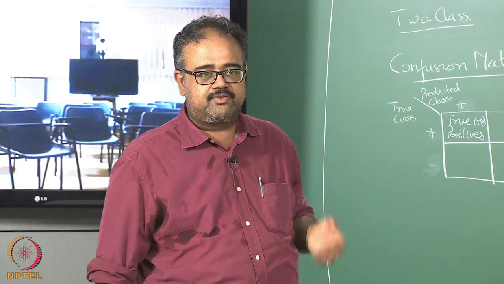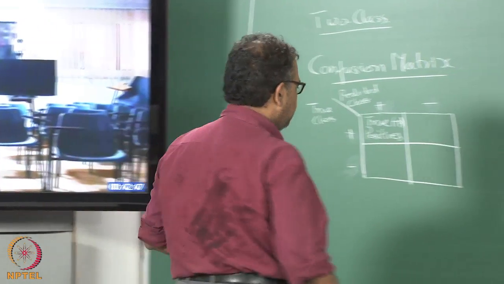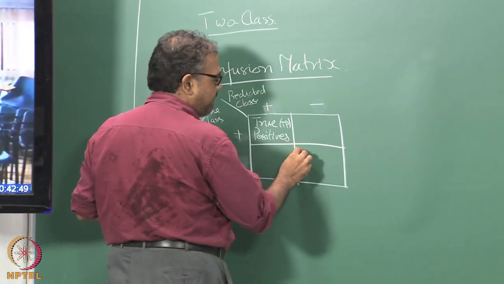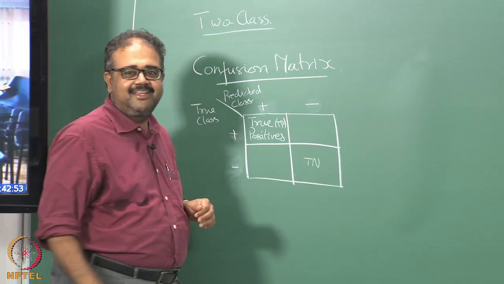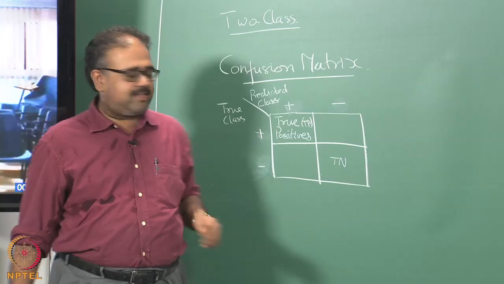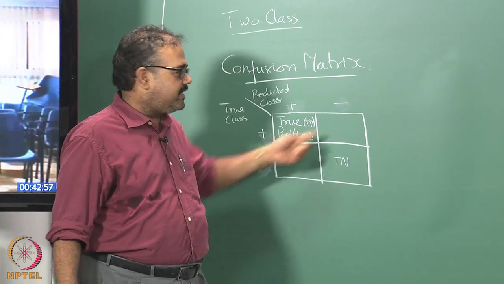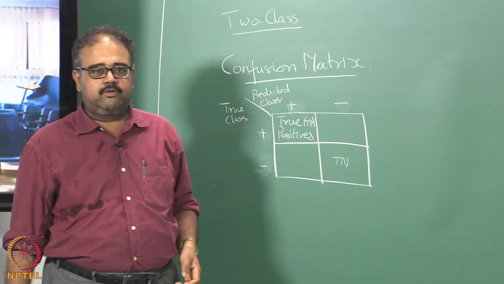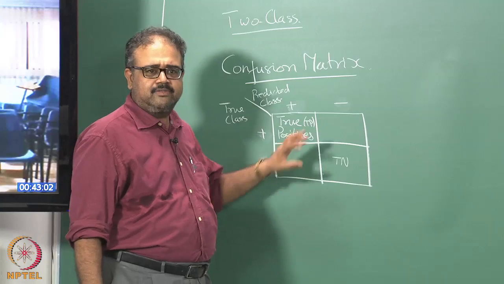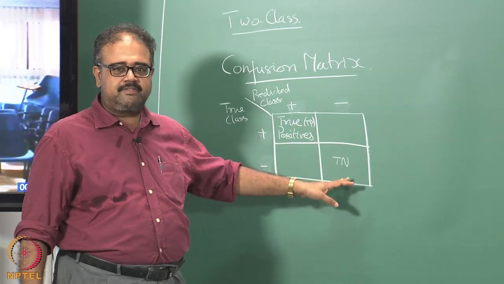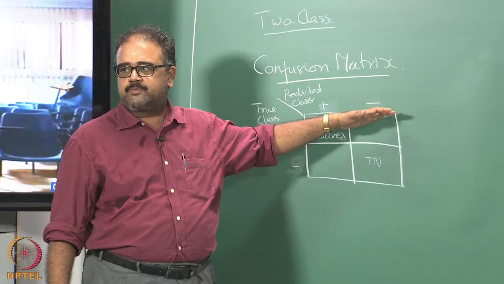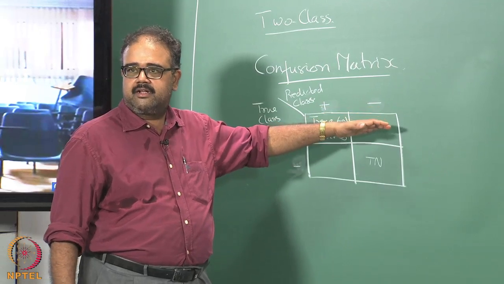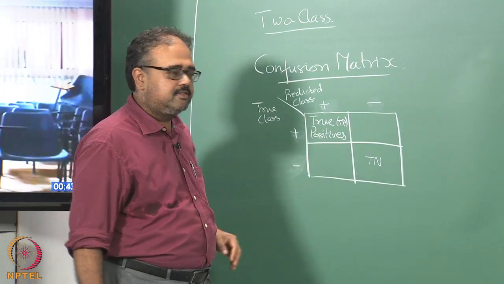And what about these? They are true negatives. The true class is negative and the predicted class is negative, so they are true negatives. So you just have to remember which is the true positive, which is the true negative, and the other things here. Whether you write it this way or the transpose, it does not matter, as long as you flip these two things around.